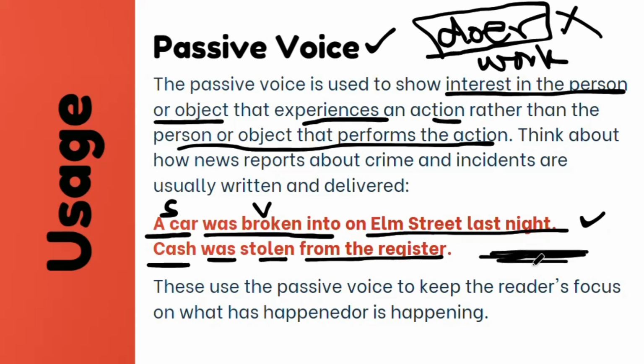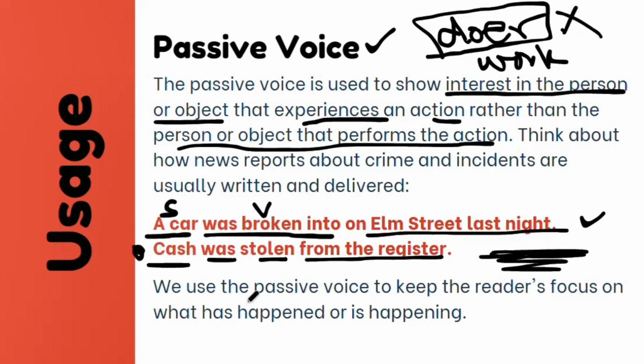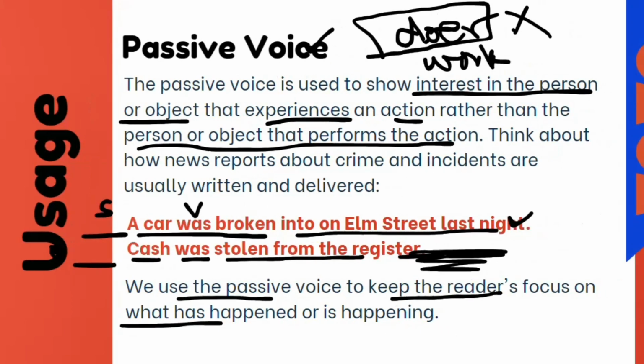It means that the doer of the action is missing in this sentence, and this is a passive voice sentence. The important information is that cash was stolen. So we use the passive voice to keep the readers focused on what has happened or what is happening, not on who did it or who was doing that. Right? Hope this point is clear.